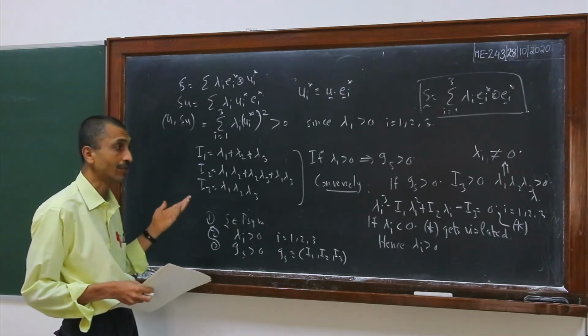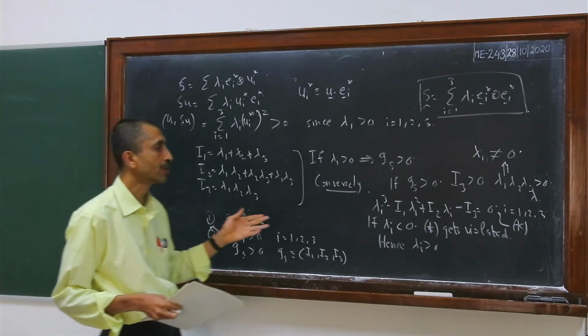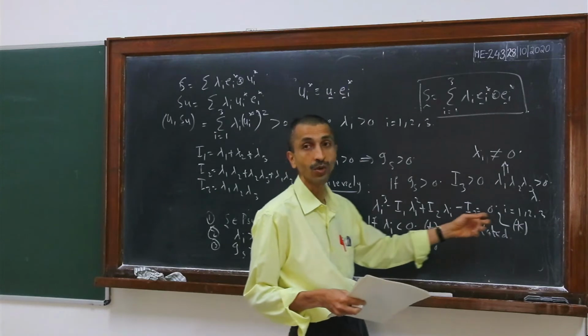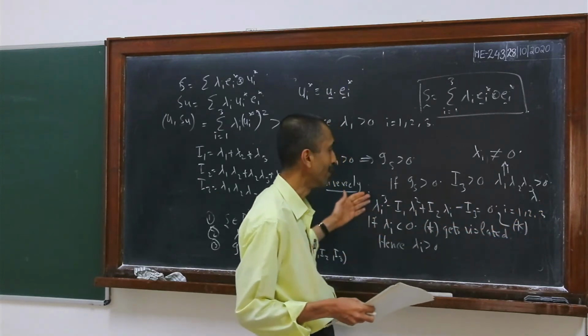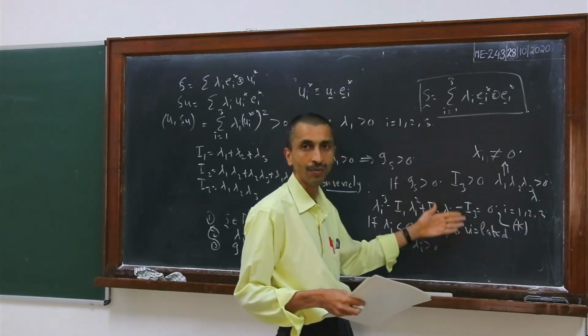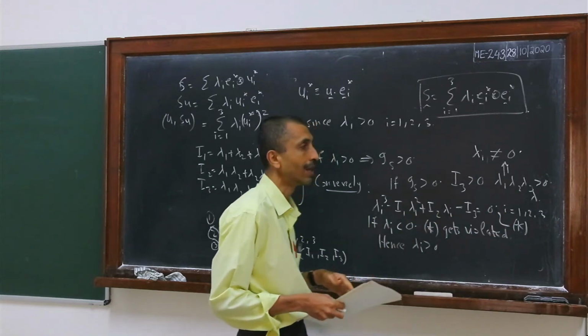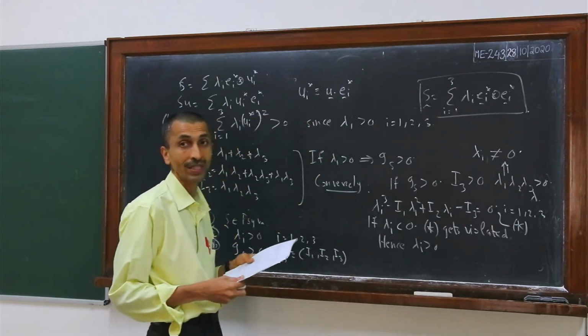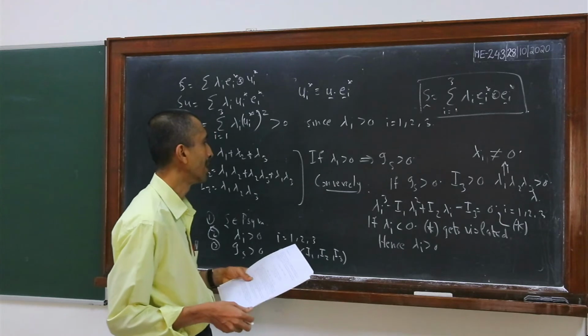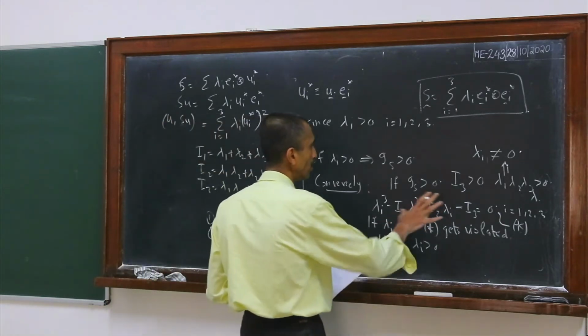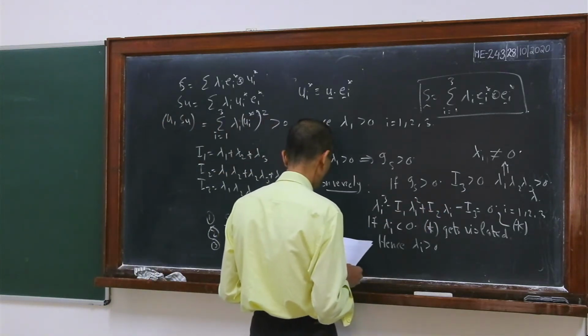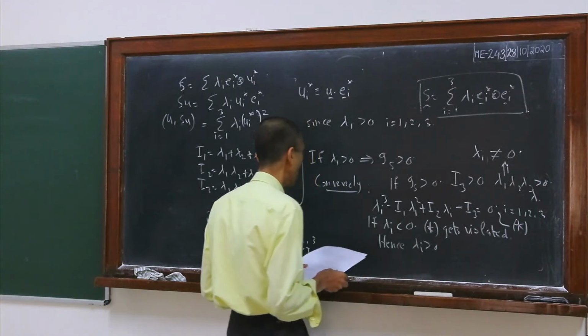That would be extremely cumbersome. The nice thing about this proof is that it can even be extended to n dimensions very easily. Almost the same proof goes through even if your underlying vector space is n dimensional. So that completes the proof of this particular theorem.